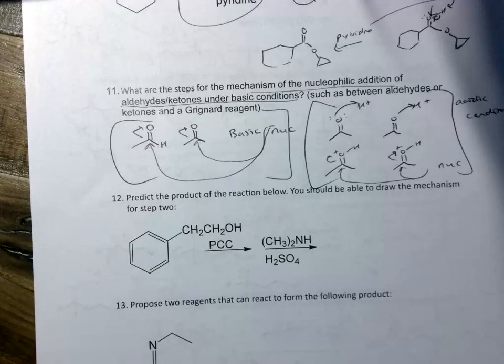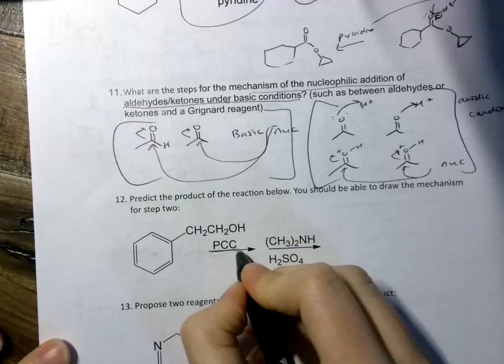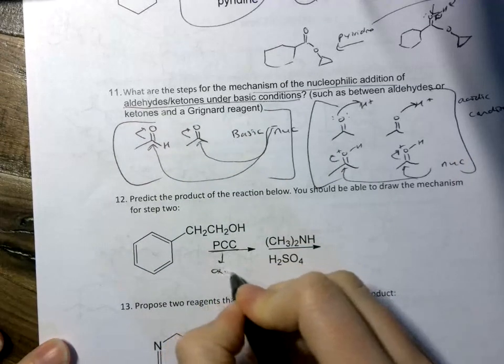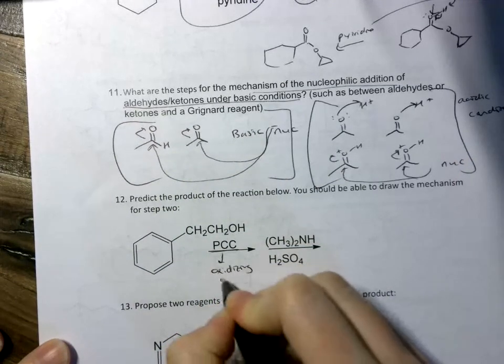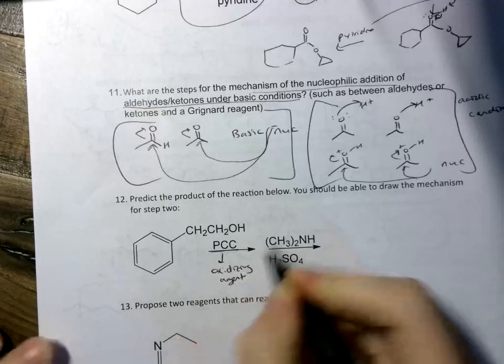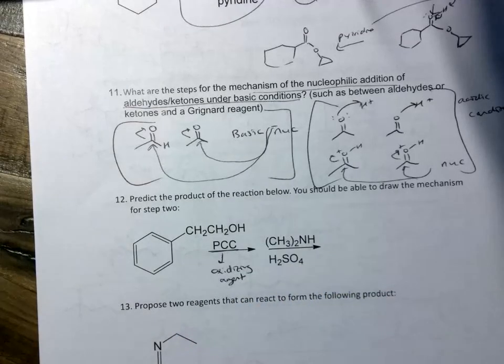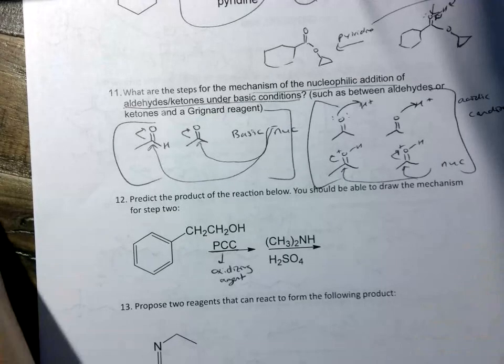Okay, question 12. Predict the product of the reaction below. You should be able to draw the mechanism for step 2. Step 1, you may have forgotten already, but when I see PCC, I think of an oxidizing agent, and PCC is one that I believe with primary alcohols stops at aldehydes.